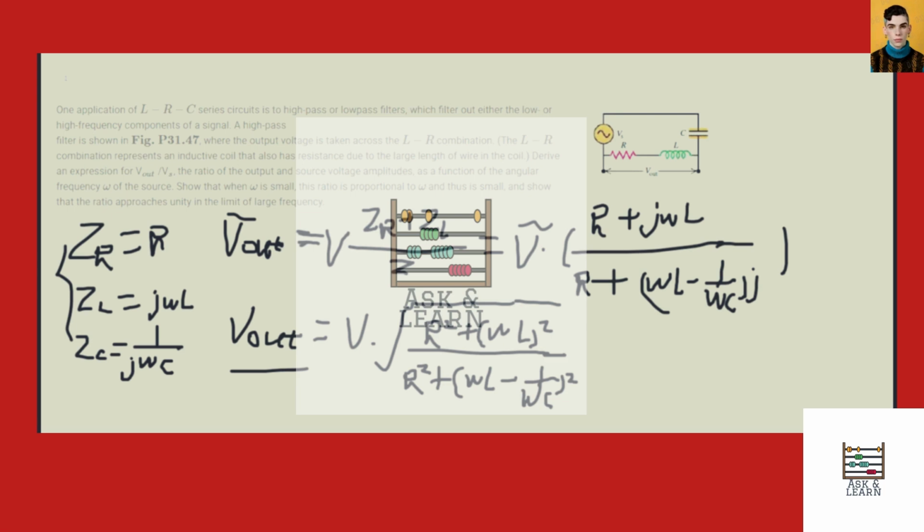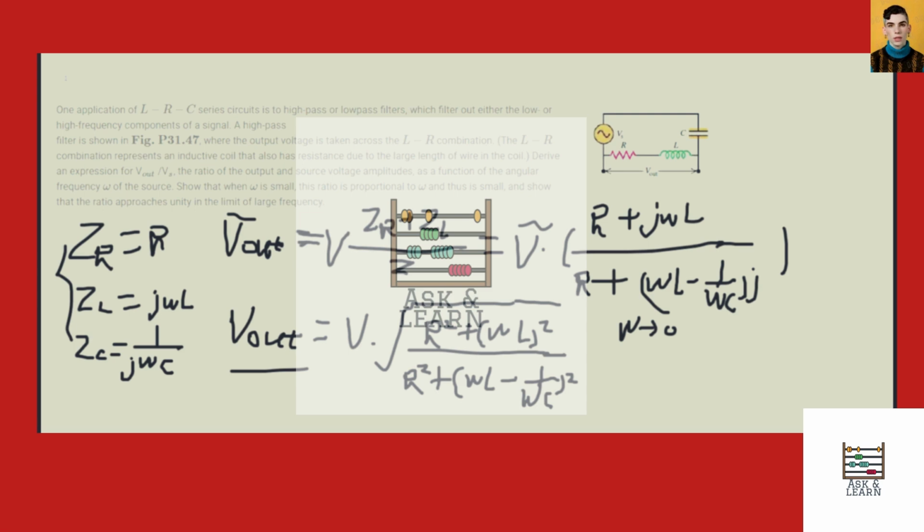Then we can analyze this V out by setting two limits: omega small and omega large. When omega is close to 0, looking at this formula, the numerator becomes very close to R squared, because omega L is negligible. In the denominator, R squared is a constant, and the 1 over omega C term will dominate.